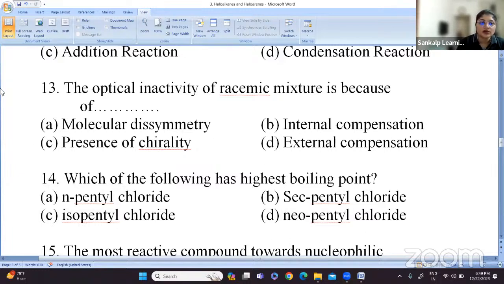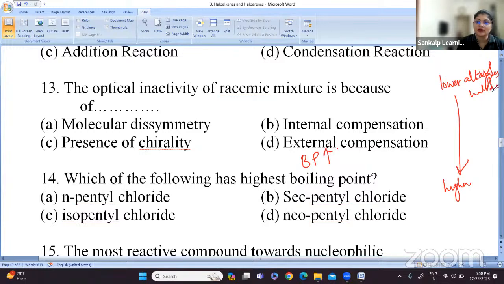How does the boiling point increase? Remember, as you move from lower alkyl halides to higher alkyl halides, the molecular mass increases, and as the molecular mass increases, the boiling point also increases.